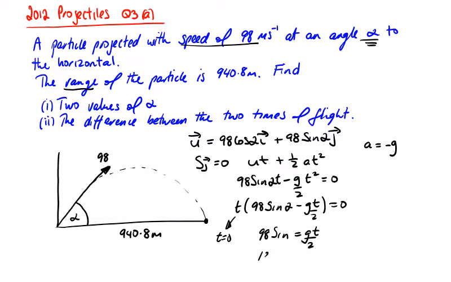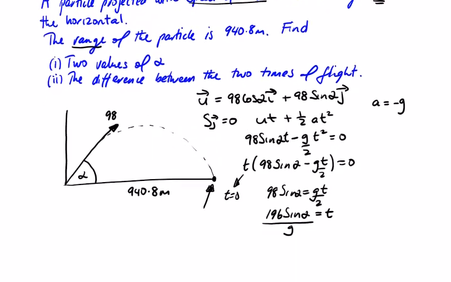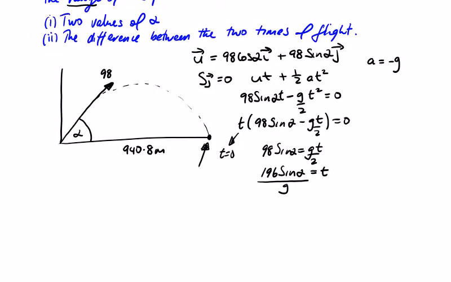So 2 by 98, or 196, sine alpha over g is equal to t. 196 sine alpha over g will be the time to get to this point here. So now I can use my range, s of x or s of i.